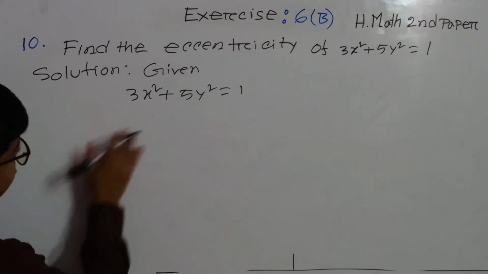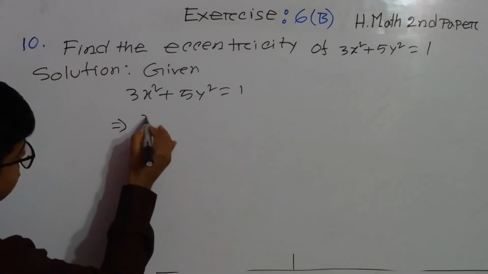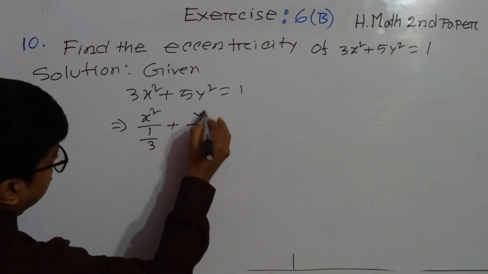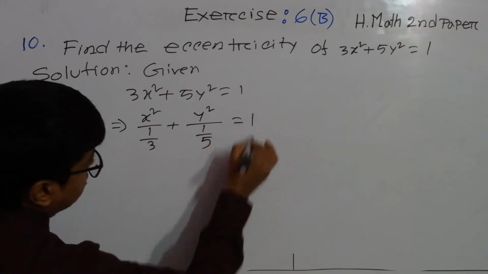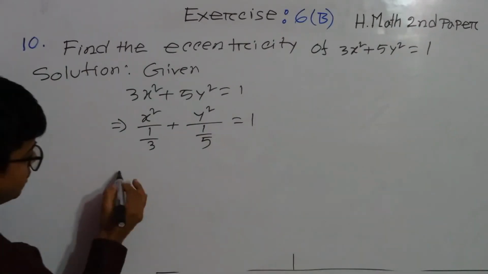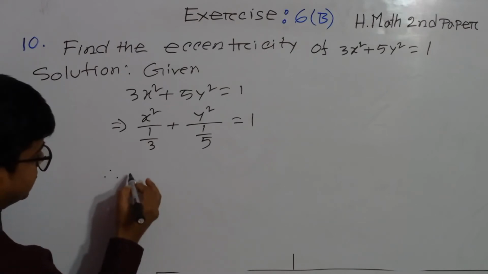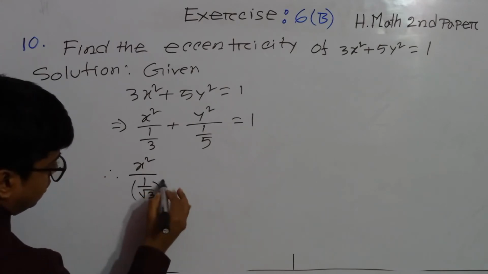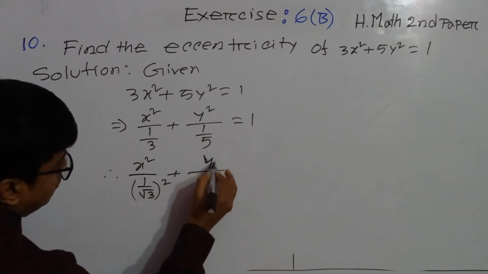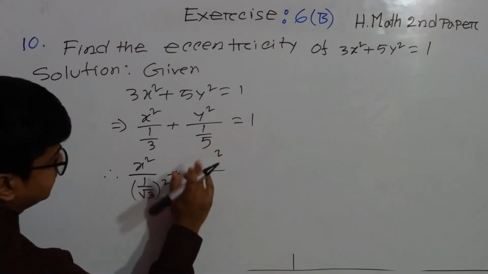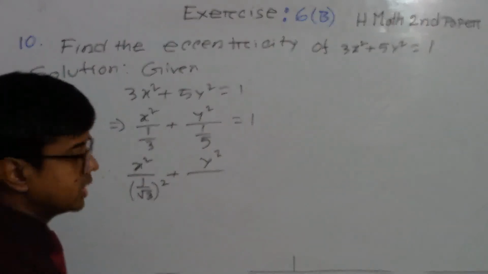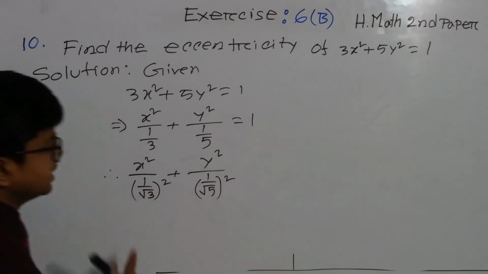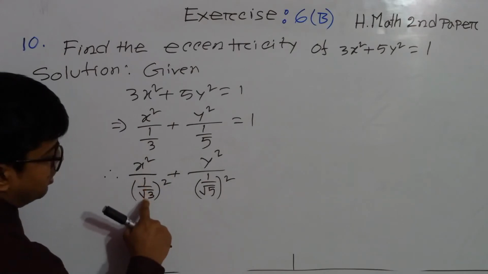So we can write x squared by 1/3 plus y squared by 1/5 equals 1. Again we can write x squared by (1 by root 3) whole squared plus y squared by (1 by root 5) whole squared. Look at this, 1/3 equals (1 by root 3) whole squared.